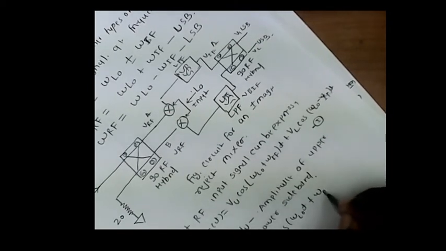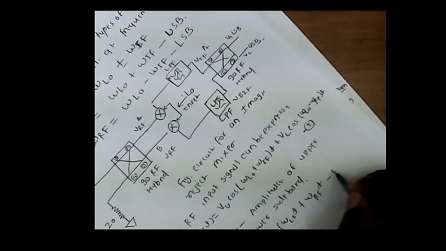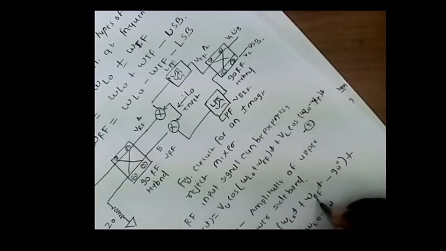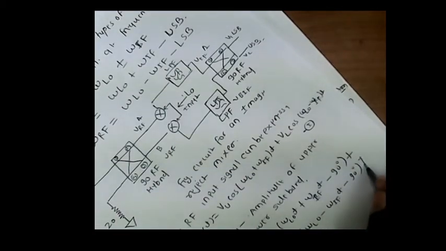So V of t is equal to 1 by root 2 times VU cos(omega LO t plus omega IF t minus 90 degree) plus VL cos(omega LO minus omega IF) t minus 90 degree, bracket complete.